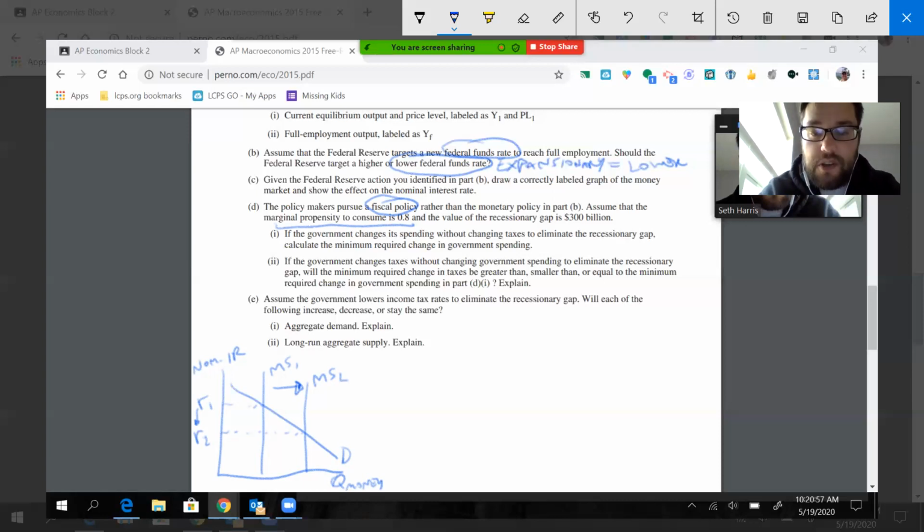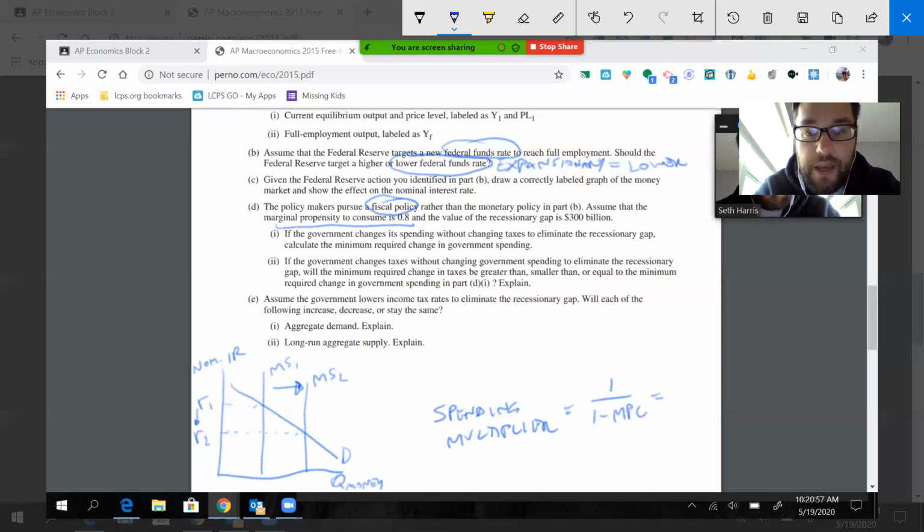So the first thing we need to do, and I'm going to do this down here, is figure out what the spending multiplier is. We want to figure out what effect any government spending is going to have ultimately, through the spending multiplier, on real GDP. So that is 1 over 1 minus MPC.